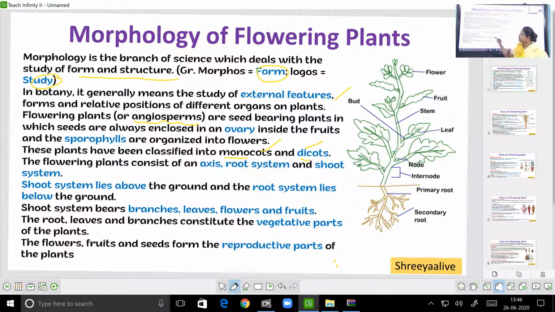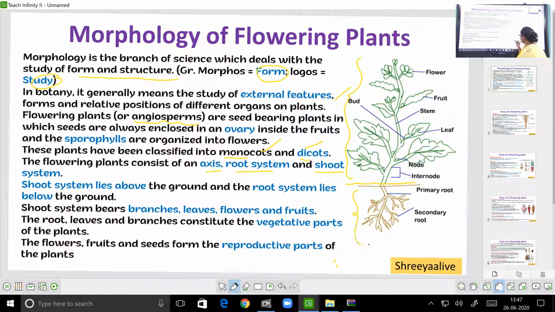Further, the flowering plants consist of an axis, a root system and a shoot system. What is the shoot system? The shoot system is the one which always lies above the surface of the ground. If this is your ground surface, whatever comes above the surface of the ground forms the shoot system.